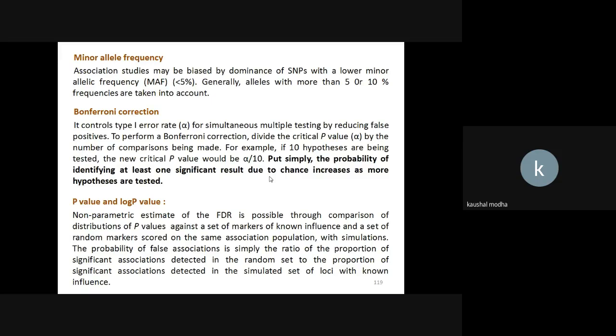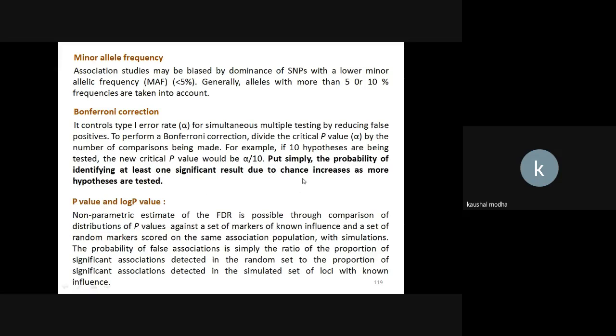So if 10 hypotheses are tested, then we divide this error probability by 10, and then we take that probability into consideration. If you want to understand simply why Bonferroni correction is applied: the probability of identifying at least one significant result due to chance factor increases if you test more hypotheses at a time. If you test more hypotheses, you will get a significant result, but it is due to chance factor.